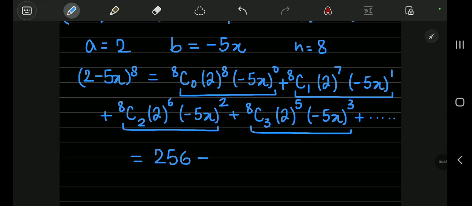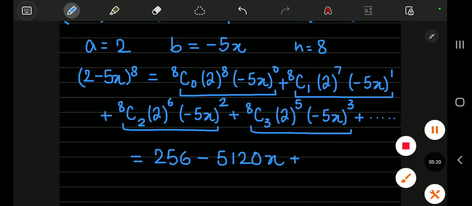Then 8c1 times 2 to the power 7 times minus 5 to the power 1, if you do all of this in the calculator, you will get minus 5120x. Then the next term would be 8c2 2 to the power 6 times minus 5 squared.